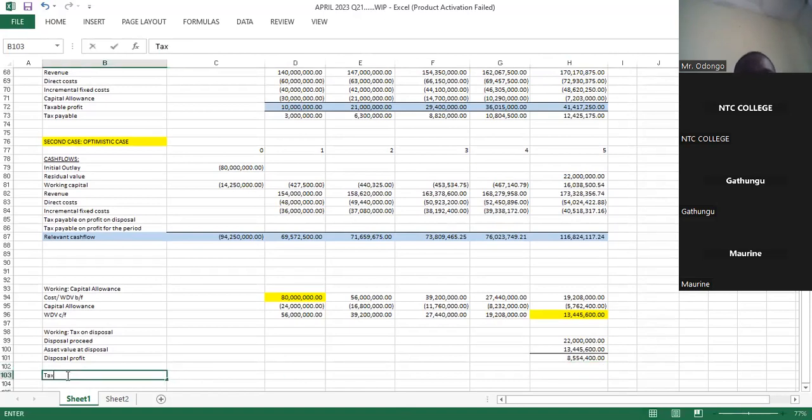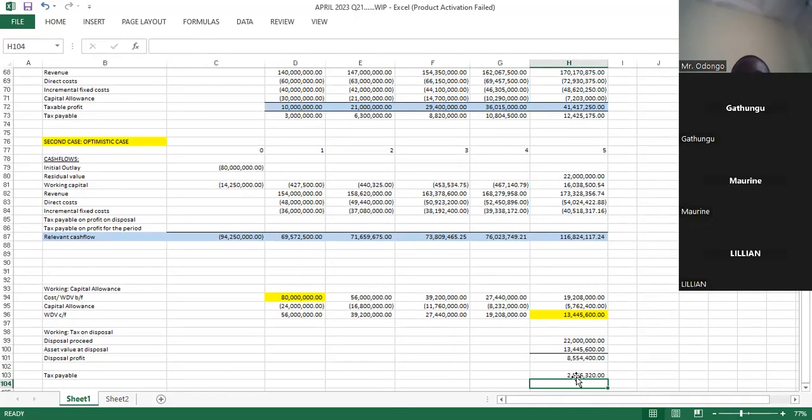Being a profit, remember we tax it, so that the tax payable, we then have this 8.5 multiplied by 30%. That is the taxation rate. Tax payable, we then have 2.5 million shillings. That's an outflow at end of year 5 when the asset is sold. If that is the case, I come back to my schedule for the cash flows.